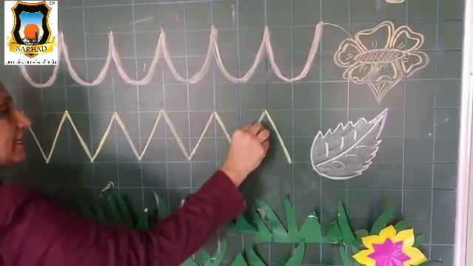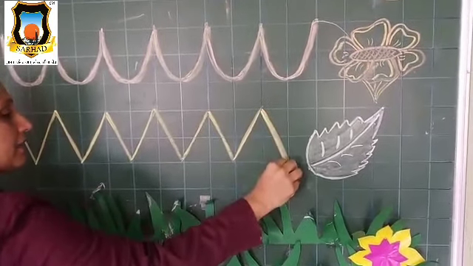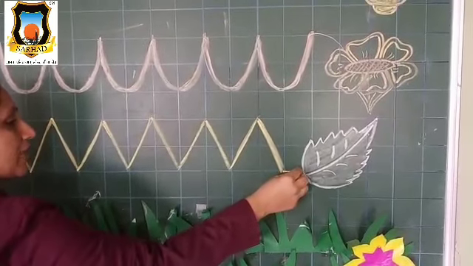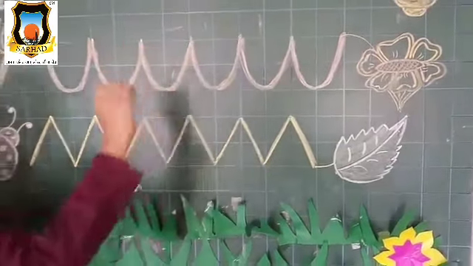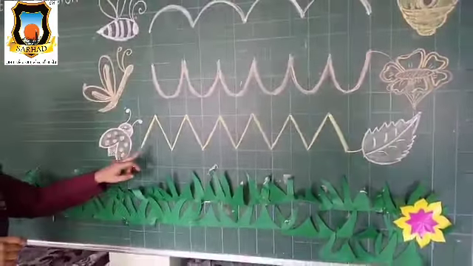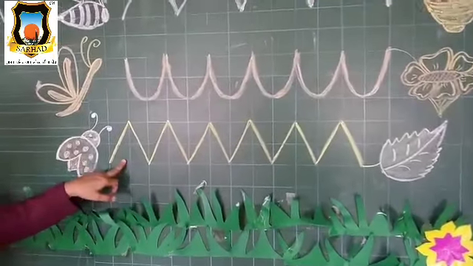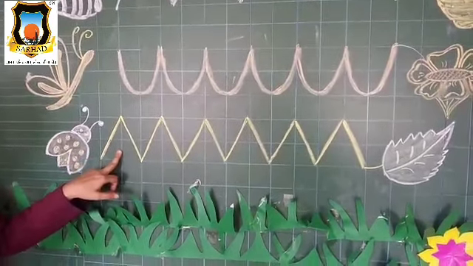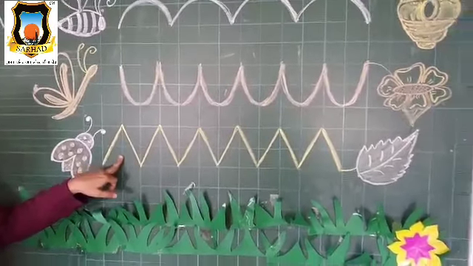He walks like this and goes to that leaf and eats that leaf. So this line is called up and down line. Which line? Up and down line.